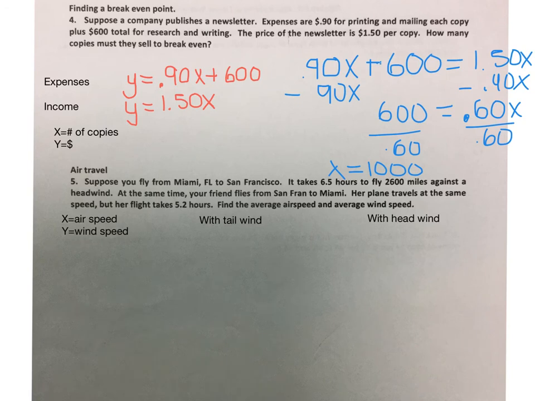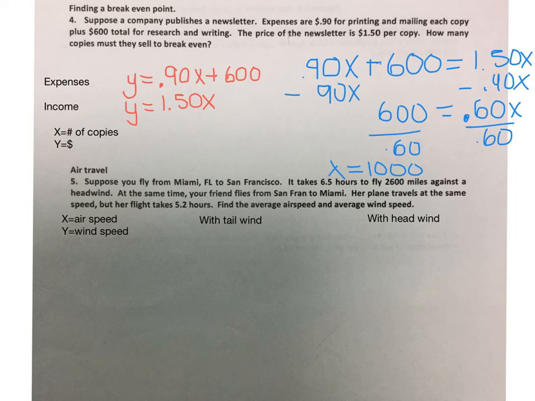The next one we're talking about air travel here. So I'm going to talk about x being my airspeed and y being my wind speed. So we're going to talk about flying with the tailwind and with the headwind. We're using the distance equals rate times time formula.